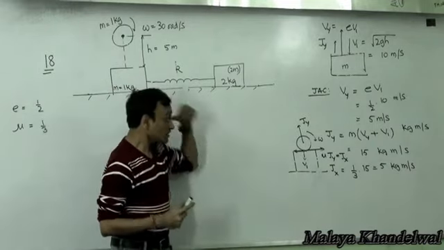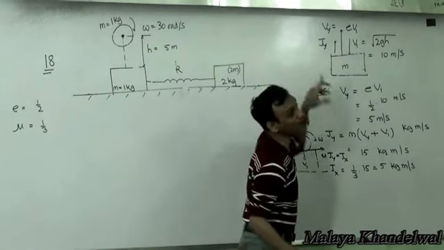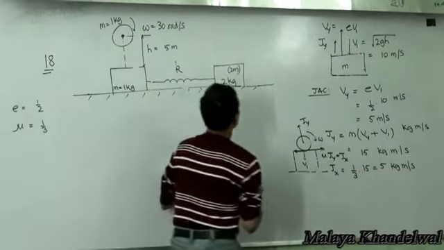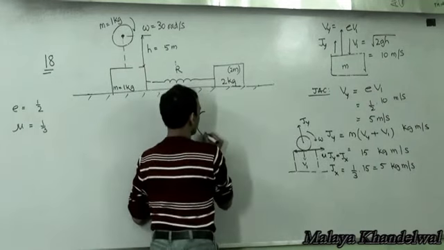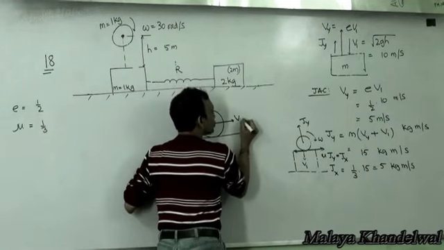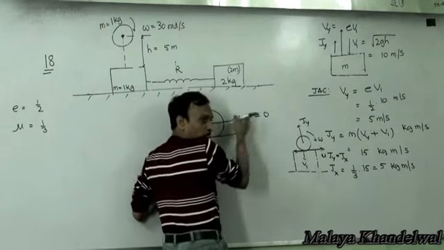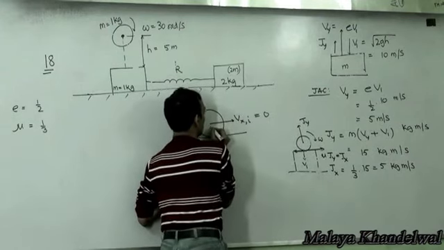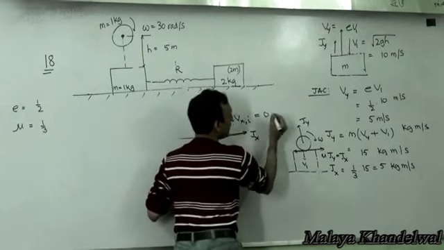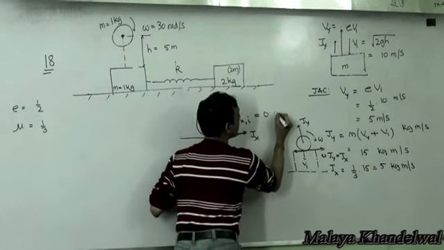Now, the vertical impulse did its job. It changed v1 downwards to ev1 upwards. What did jx do? This fellow had initially no horizontal velocity when it impinged here. Now, a horizontal impulse jx acted, causing the horizontal velocity to become, let's say, vx.